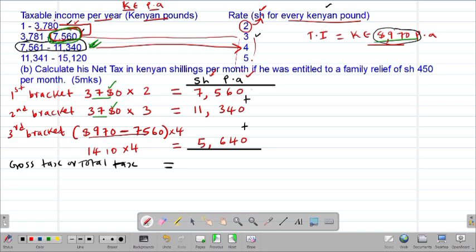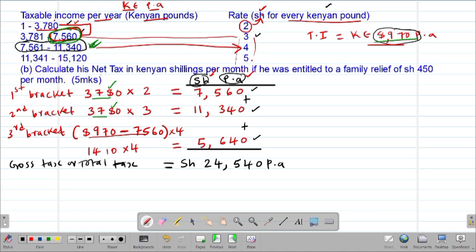So you take 7,560 plus 11,340 plus 5,640. You feed that on your calculator. Your calculator will give you a total of 24,540 shillings. Then the units will be shillings per annum.